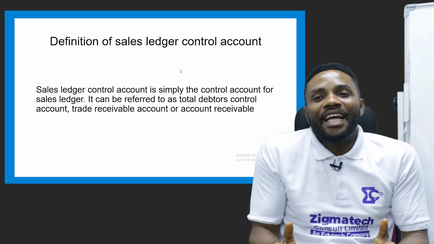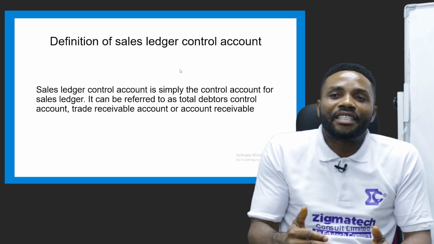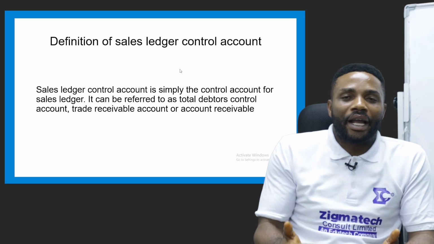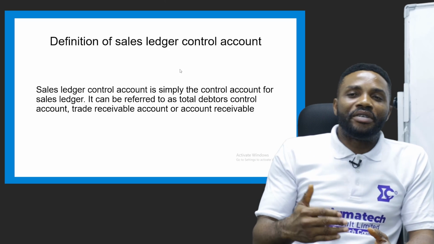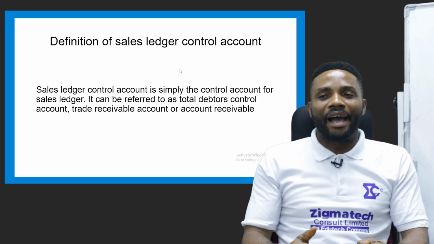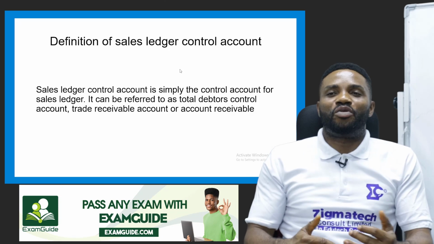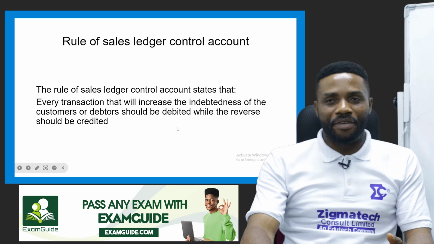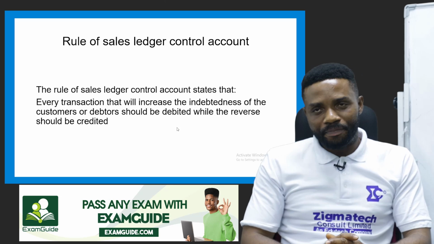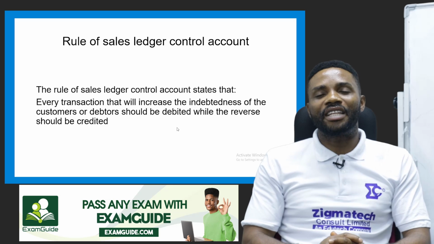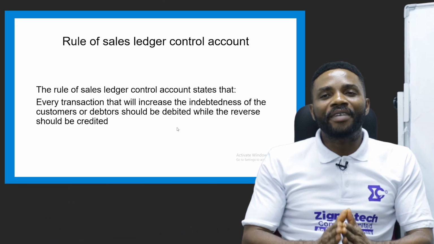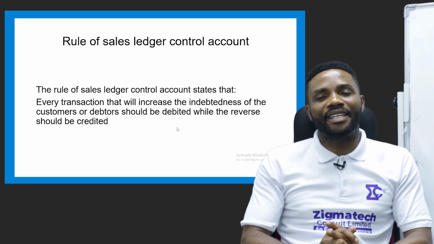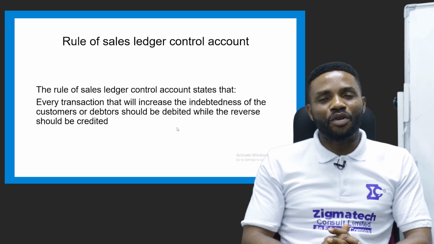Now, I added that it can be referred to as total debtors control account, trade receivable account, or account receivable. As we go further in our journey, you will appreciate the definition. Let's now look at the rule. The rule of sales ledger control account: if I want to prepare sales ledger account, what is the rule?